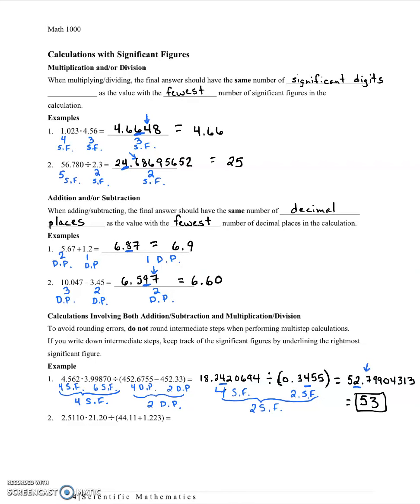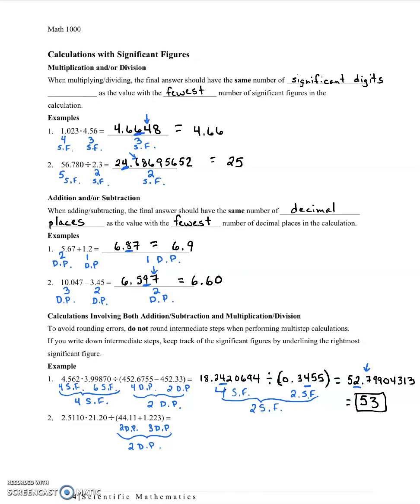Okay, so again, we do the addition first. So 44.11 has 2 decimal places. 1.223 has 3 decimal places. So when we add those, we should have 2 decimal places.